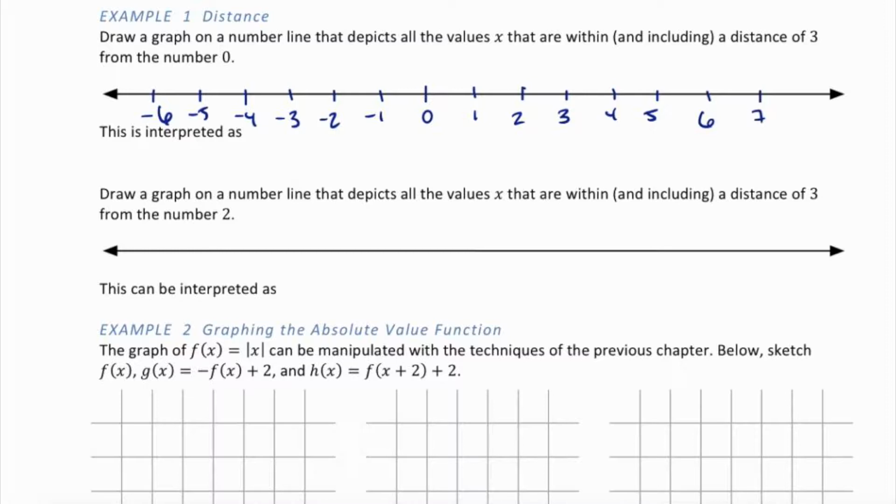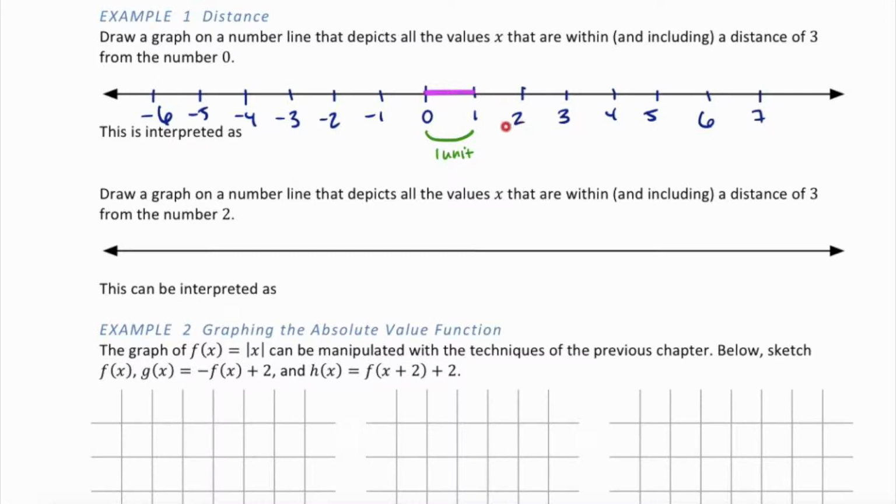So let's start with some positive values here and ask yourself, is the number 1 within 3 units from 0? Let's count. This is 1 unit. So this number is definitely within 3 units of 0, so this is definitely going to be included on my graph.